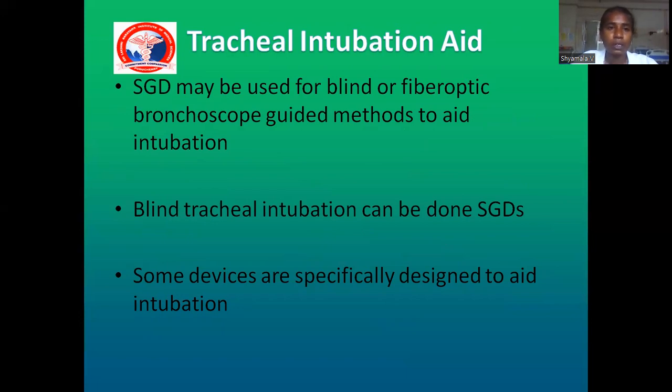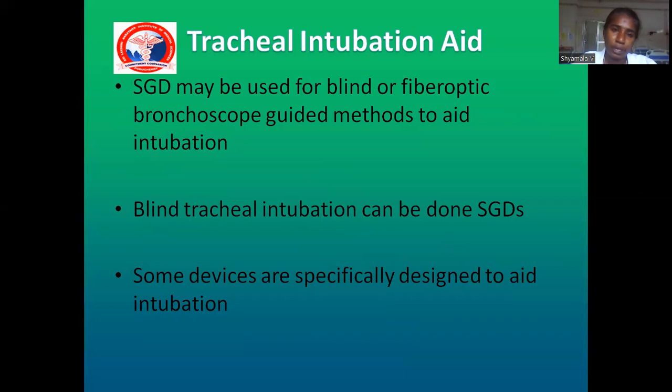It can be used for a blind or fiber optic bronchoscope guided method to aid endotracheal intubation. For putting the fiber optic scope, we can go either nasally or orally, after sedating the patient.